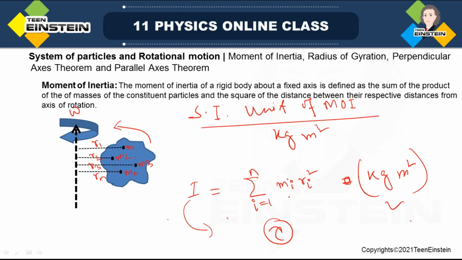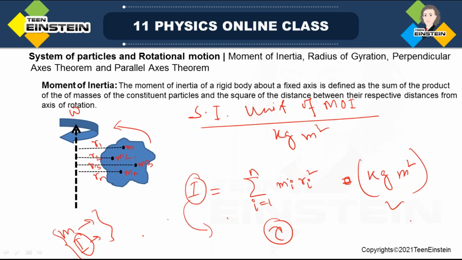So mass in linear motion, and here the moment of inertia, which is denoted by I, and which is the summation over m_i r_i square, act in the same way. That's why I can also be called rotational inertia. So this is about moment of inertia.